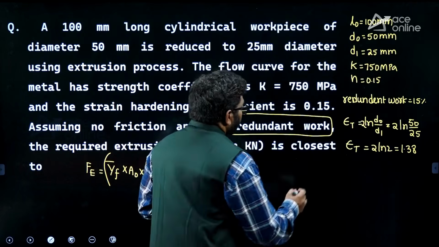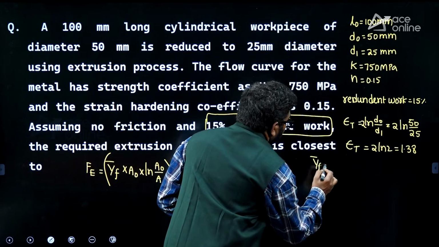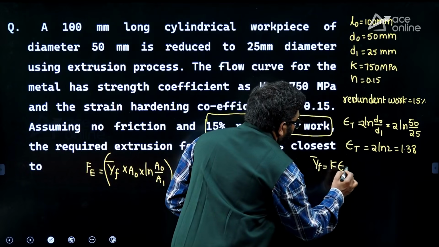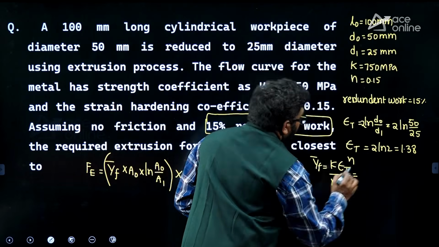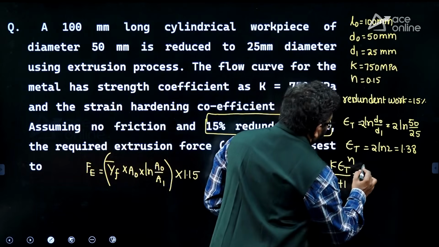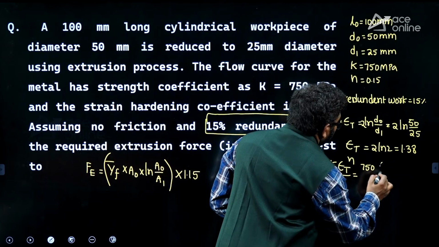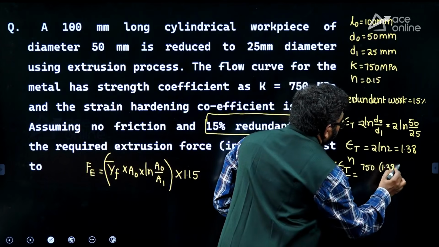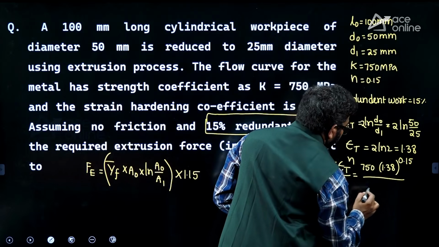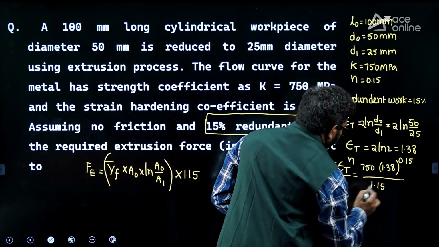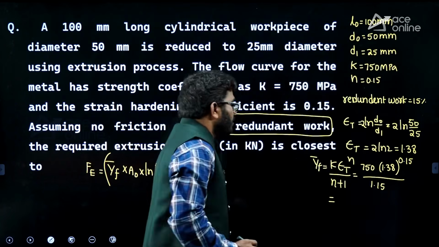Now from this, Y bar f is equal to K epsilon T power n by n plus 1. So K is 750 into 1.38 power 0.15 divided by 1.15. So what is Y bar f?